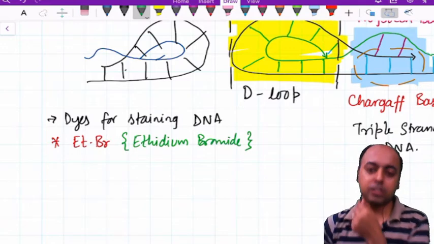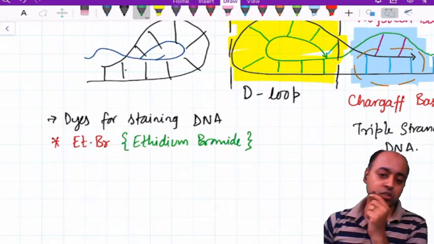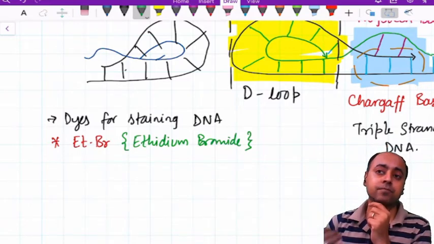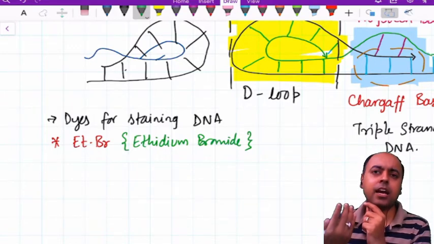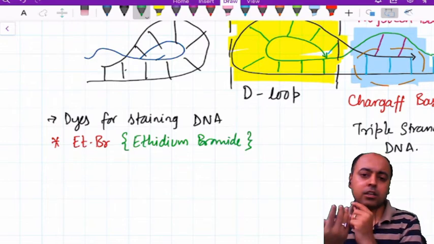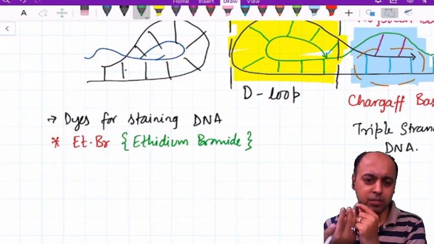But ethidium bromide has been found to be carcinogenic. So nowadays it is being avoided, although it is very cheap and it has limited carcinogenic potential. So it is still being used very widely.